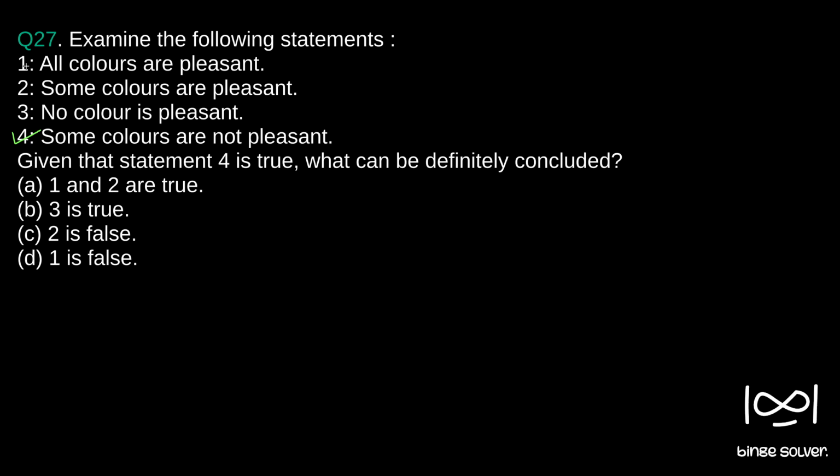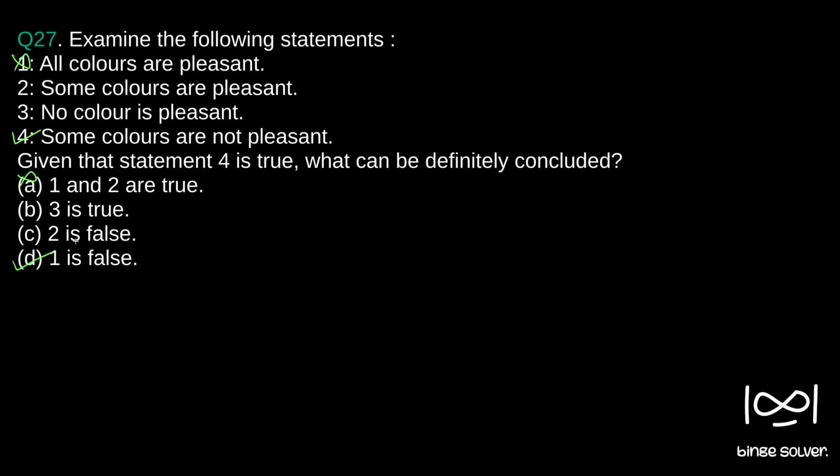All colors are pleasant. That is definitely wrong, since we know that some colors are not pleasant. So 1 is definitely wrong. So any option with 1 is true is false. So option A is false. And 1 is false is an option given. So we can definitely write D is true just by looking at option 1. We don't even have to analyze 2 and 3.